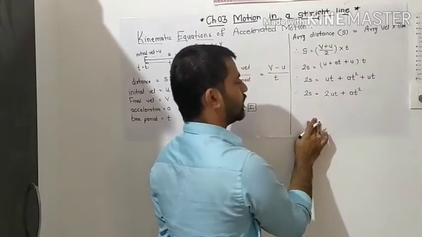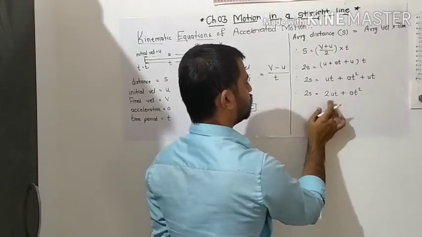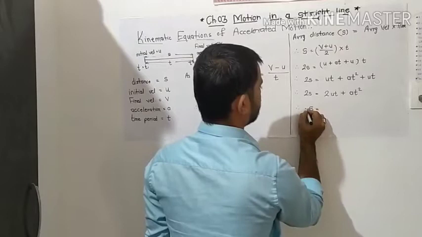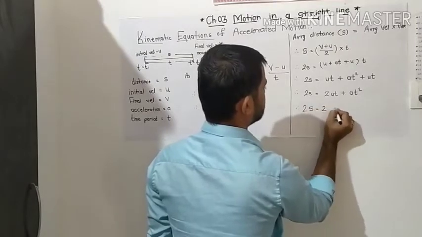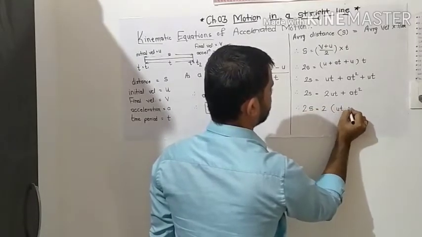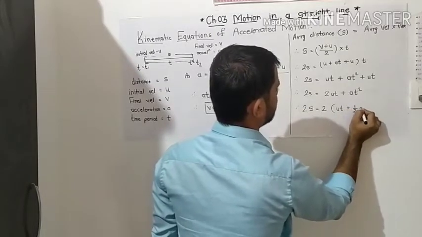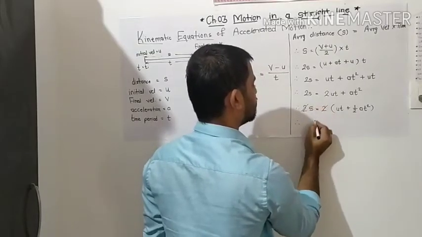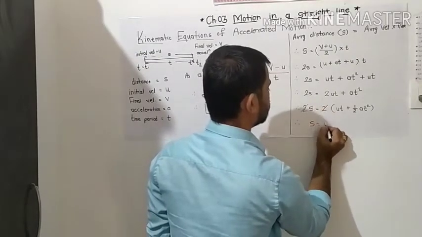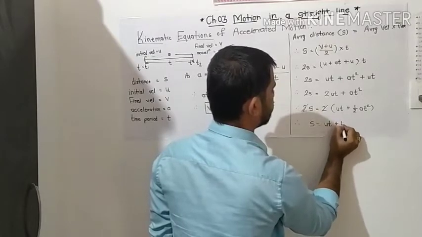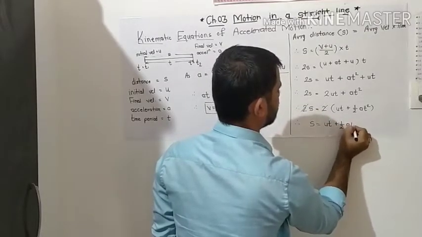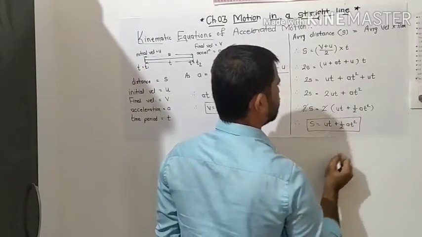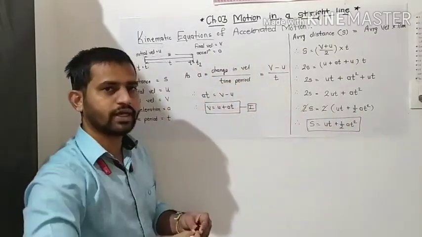If we take 2 common, twice s is equal to twice ut plus 1/2 at square. This 2 will get cancelled here. Therefore s is equal to ut plus 1 half at square.